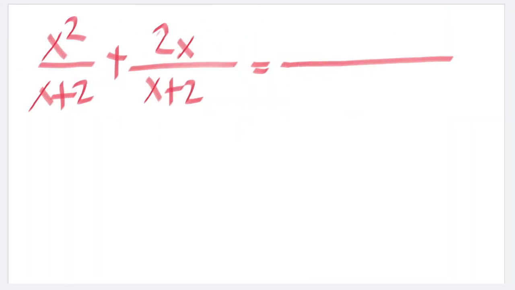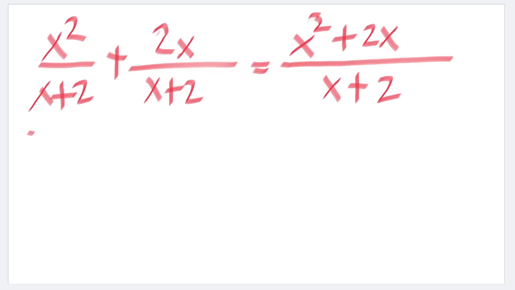So the least common denominator is x plus 2, and then that would be x squared plus 2x. Okay. X squared plus 2x. Okay, so that is the resulting function after we combine these two fractions.